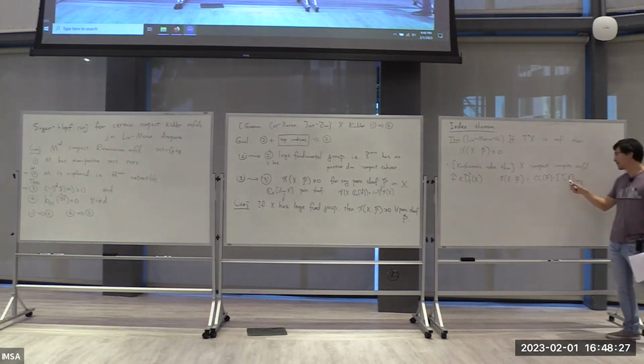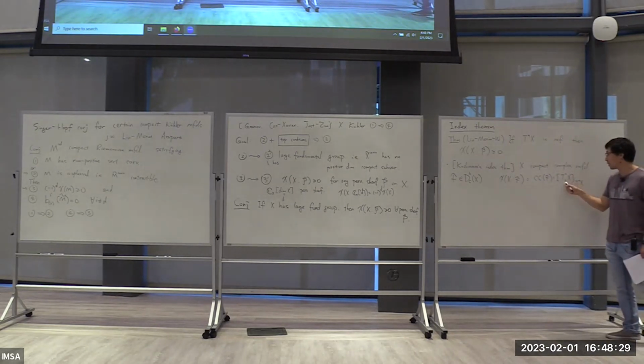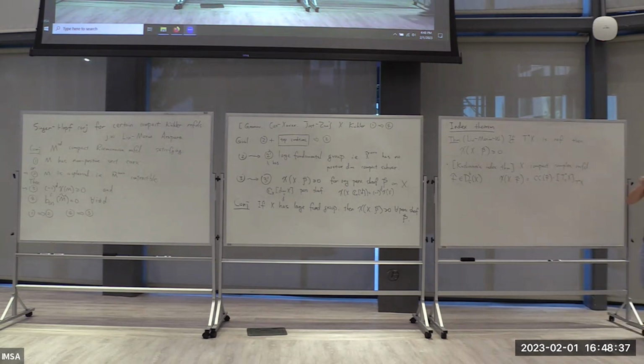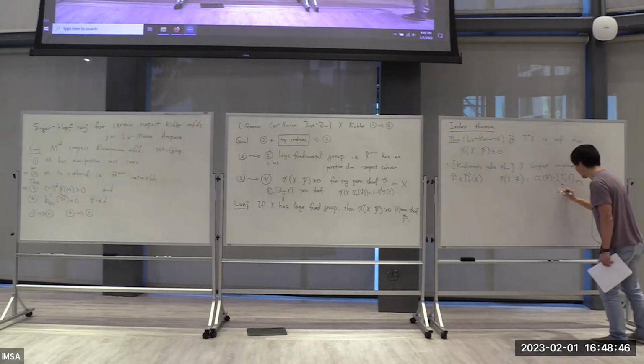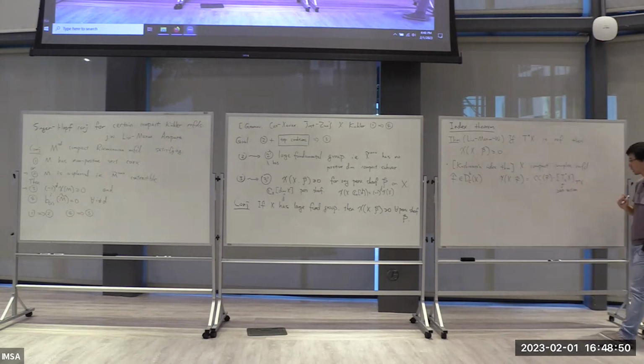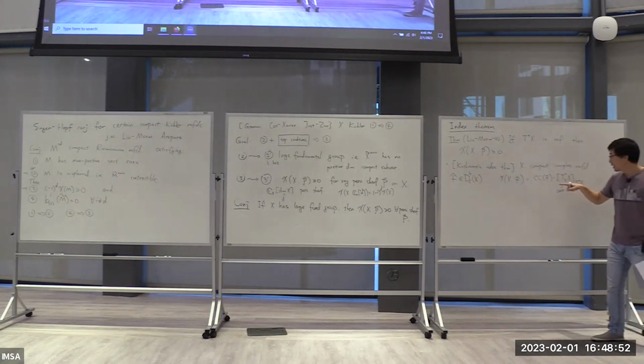By this we mean the conormal bundle of X in X itself, which is the zero section, because only the zero cotangent vectors are conormal to X.